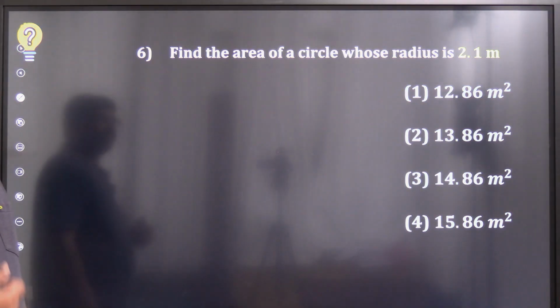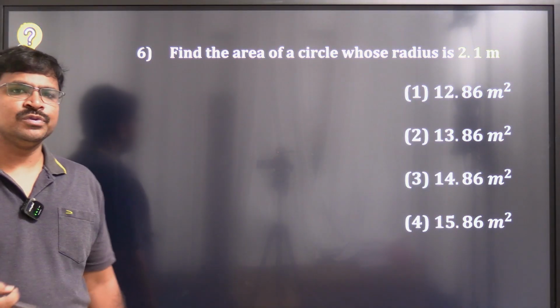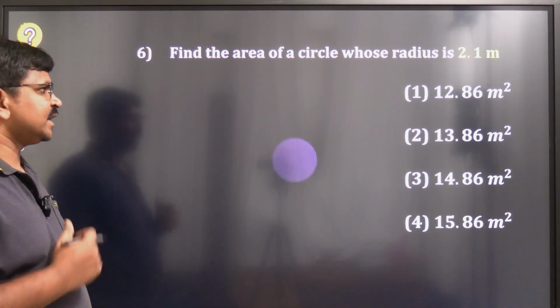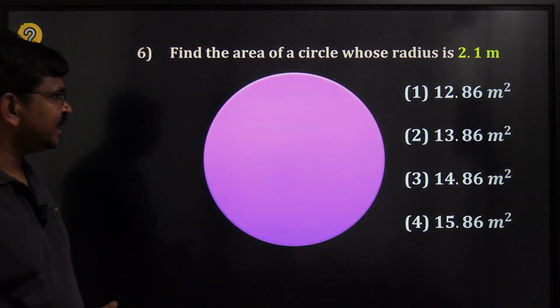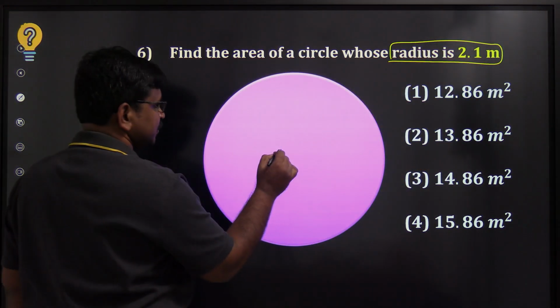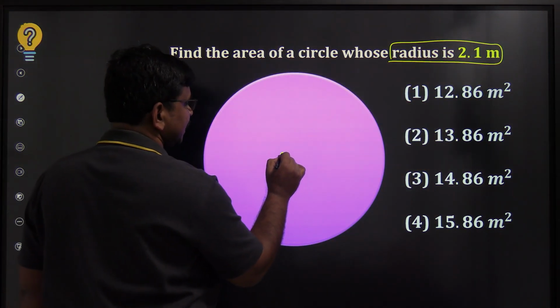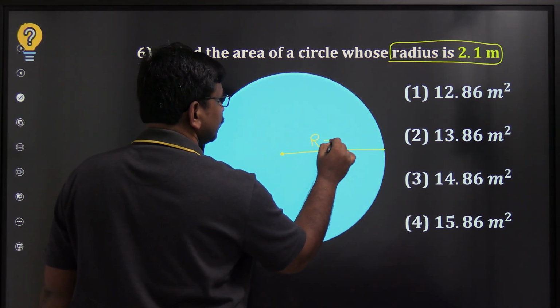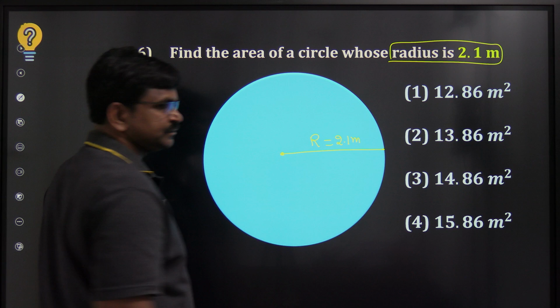Now, find the area of the circle whose radius is 2.1 meter. Actually, the given circle has the radius 2.1 meter. So this is the center, and from the center R is equal to 2.1 meter.